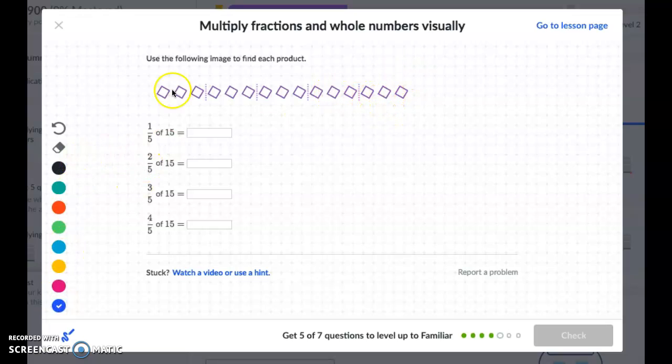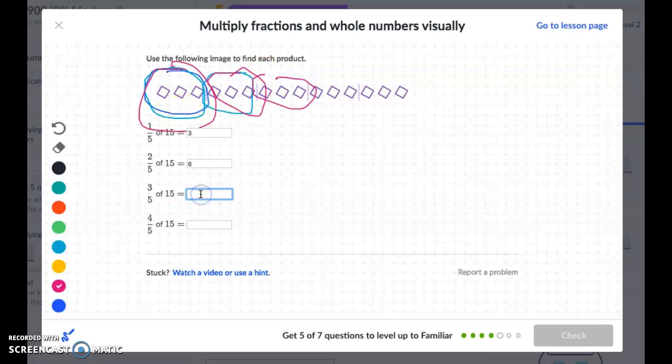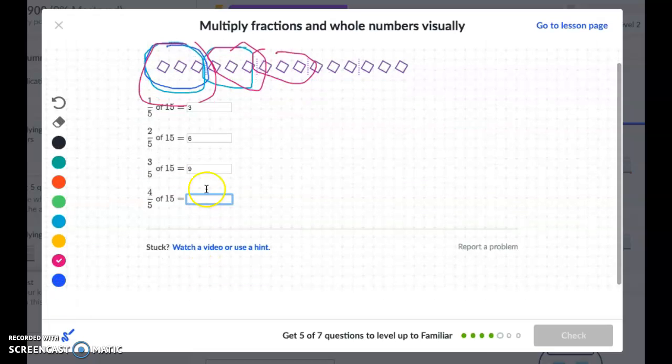So 1/5 of 15, here is 1/5 of 15, so that's going to be 3. 2/5 of 15 is going to be this fifth and another fifth, so 2/5 is going to be 6. 3/5, we're going to have 1/5, 2/5, 3/5, so that's going to be 9. And then 4/5 of 15 is going to be 1/5, 2/5, 3/5, 4/5, so that's going to be 12.